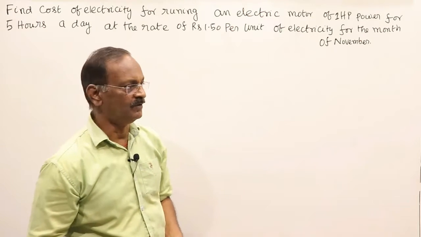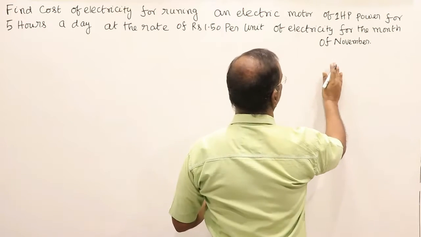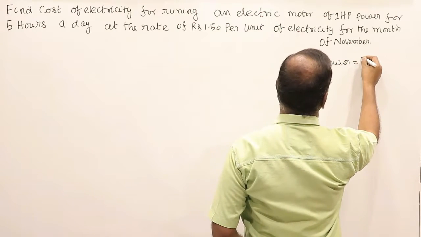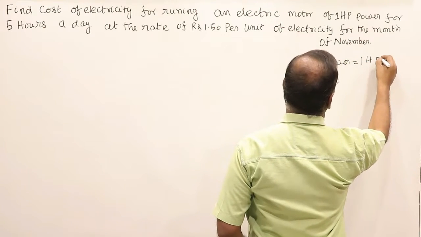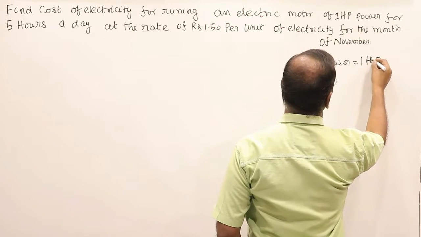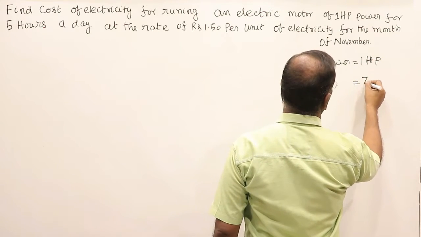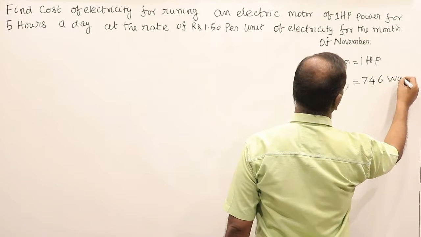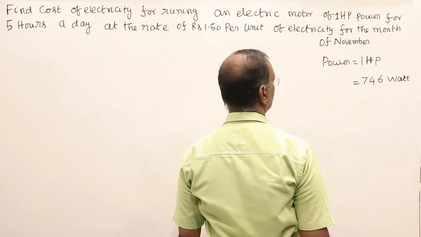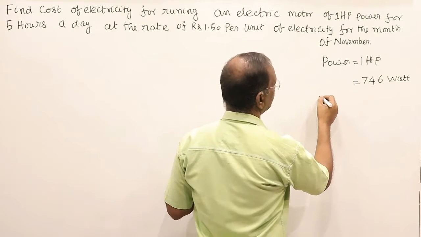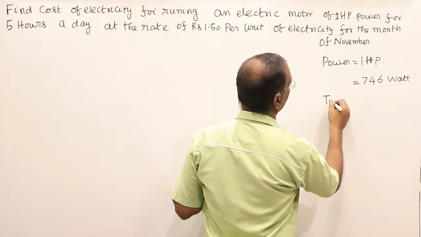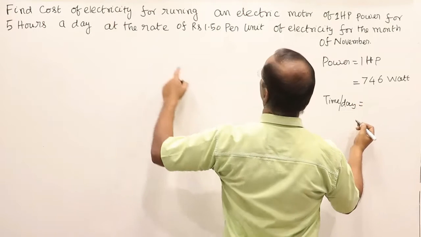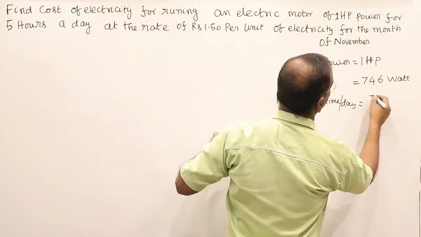It means a motor having power equal to 1 HP. We have to convert it into watt: 746 watt. And it runs for 5 hours per day.